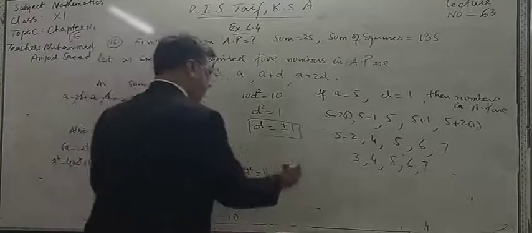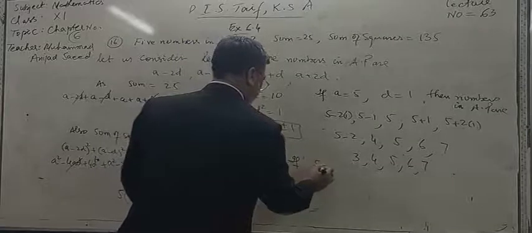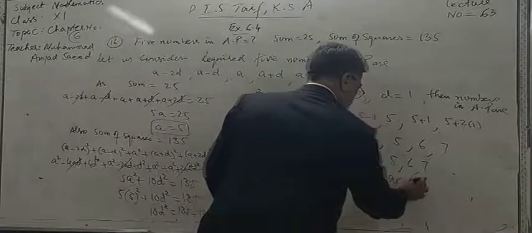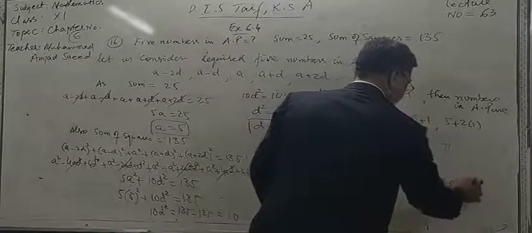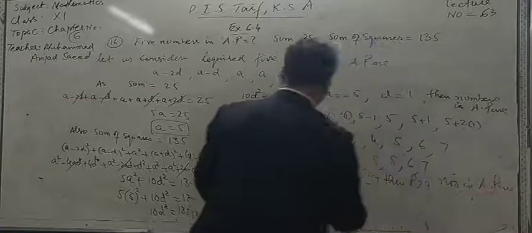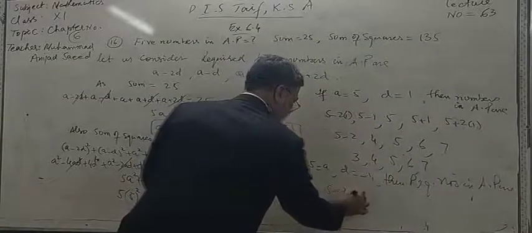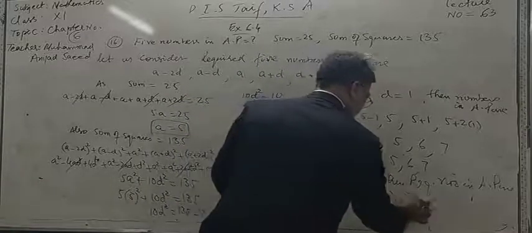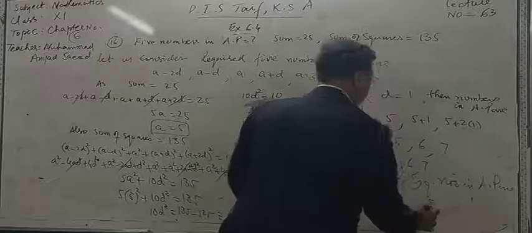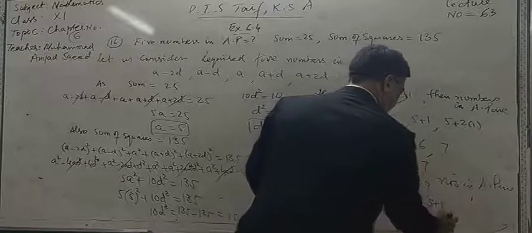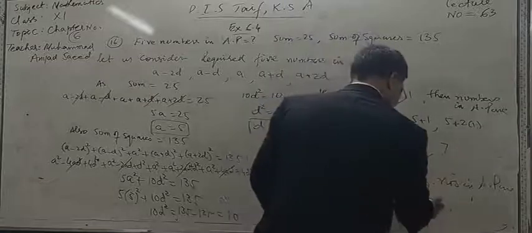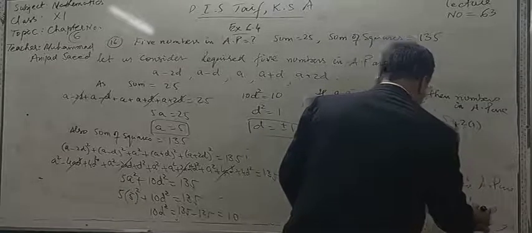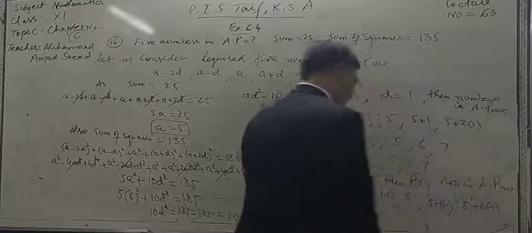Similarly, if A is equal to 5 and D is equal to minus 1, then the required numbers in AP are 5 minus 2 into minus 1, 5 minus 1 into minus 1, 5, then 5 plus 1 into minus 1, and then 5 plus 2 into minus 1.